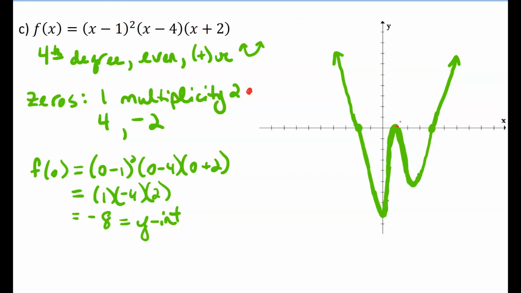Sorry, the even multiplicity of 1, what does that do? It means that the graph turns around. So if you think about it as the graph approaches that point from the same direction. Okay. Here.